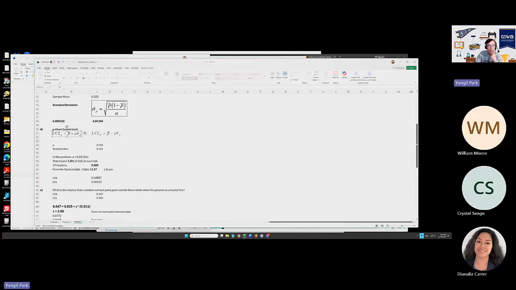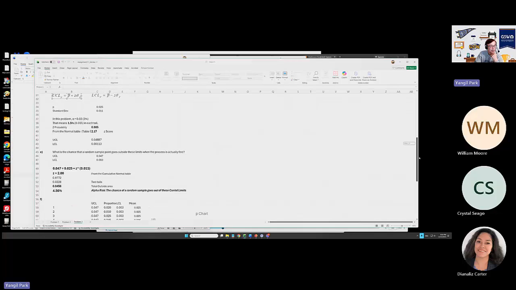Just plug in, then we go the other way around. We're going to find alpha risk. Because if you plug in, then you find the z-score of 2. Then again, you go to the normal table. Then you'll find 0.9772, and then you subtract from 1.